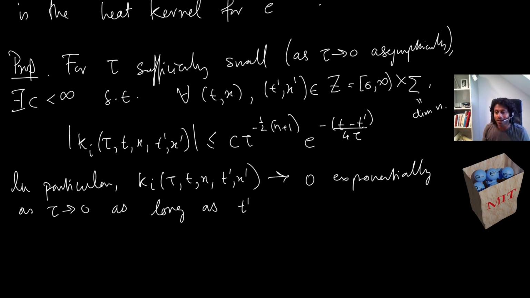That's why we have a +1, because we're in Z, and Z is n plus 1 dimensional. Okay, as long as t and t prime are different, right? Of course, if t and t prime are the same, the exponential factor disappears.